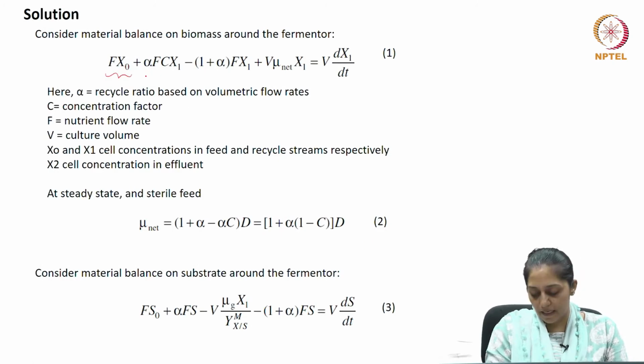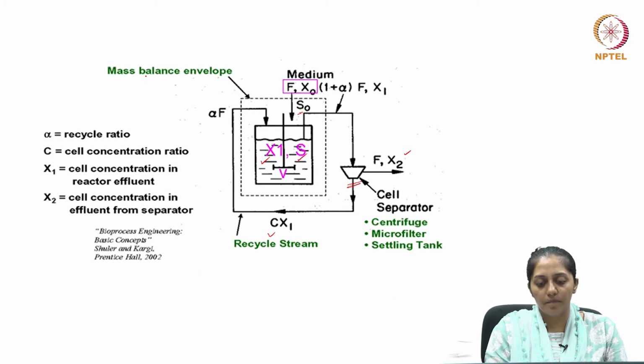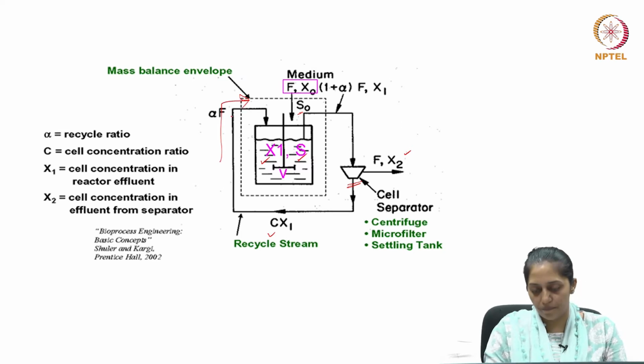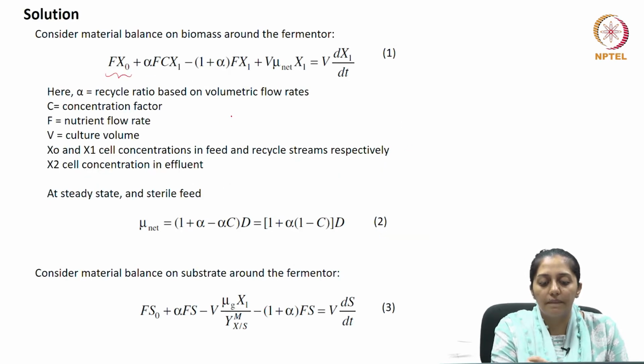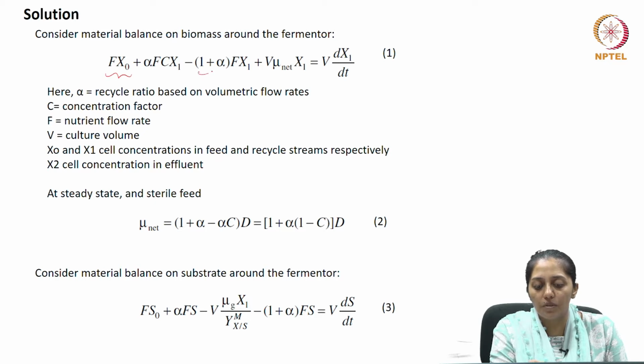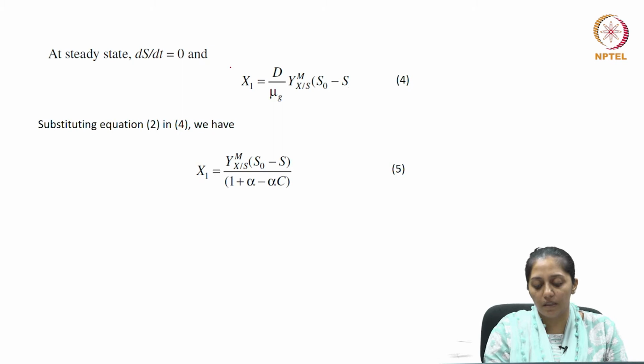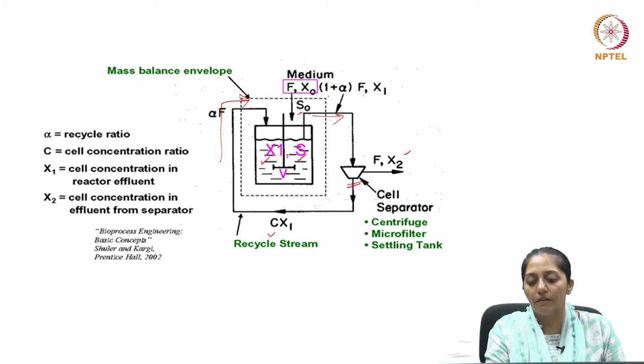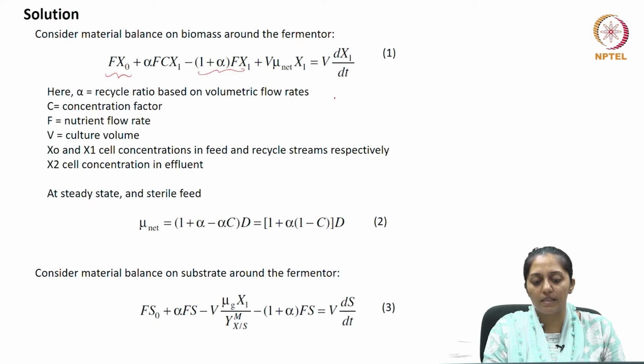Alpha F C X1 again is another inlet term which is coming from the recycle stream. Then, 1 plus alpha into F is the flow rate of the exit stream, the reactor effluent, with substrate concentration S and biomass concentration X1.